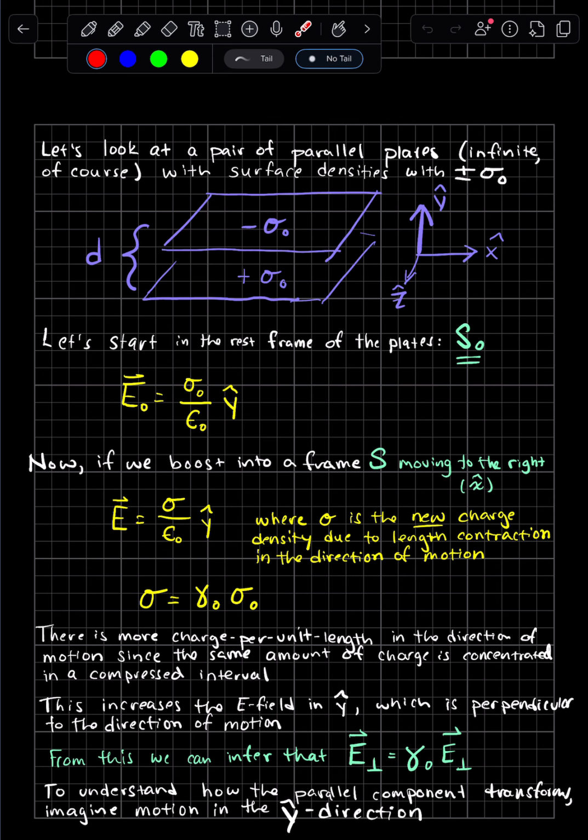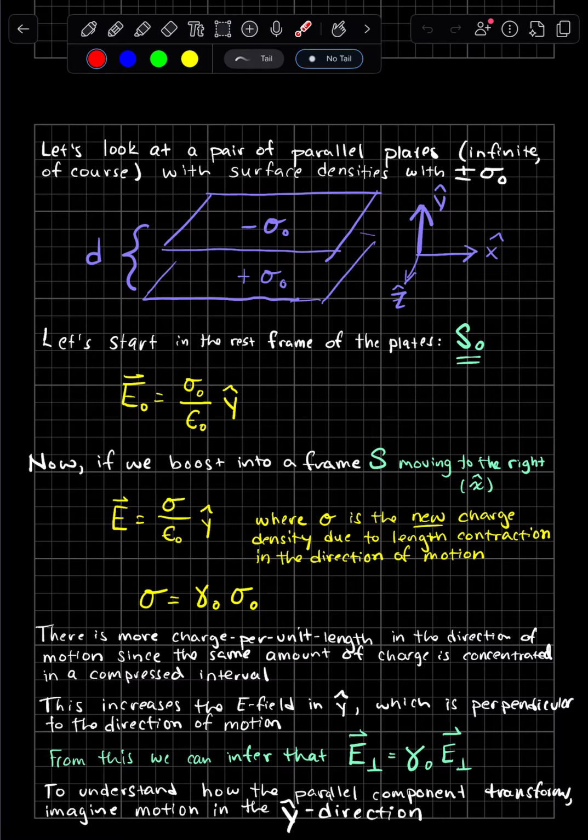Okay. So we're going to start with a simple system that consists of two infinite plates. This is our coordinate system. The distance d separating these two plates is in the y direction, and they're infinite in the x and z direction, which run along or parallel to the planes.